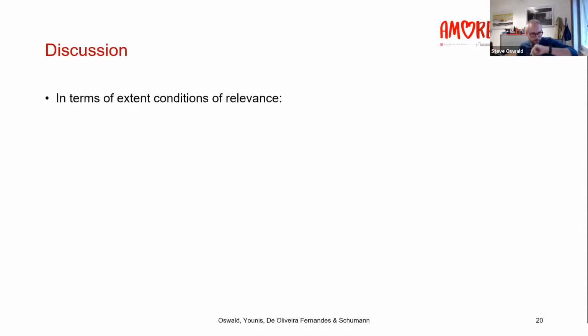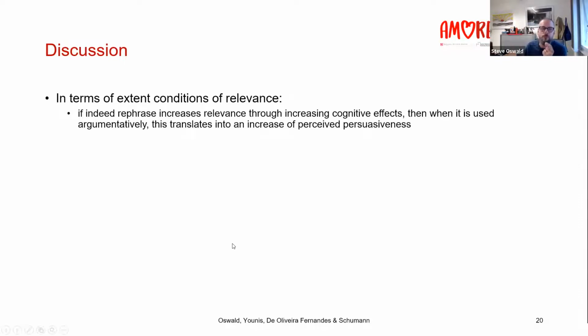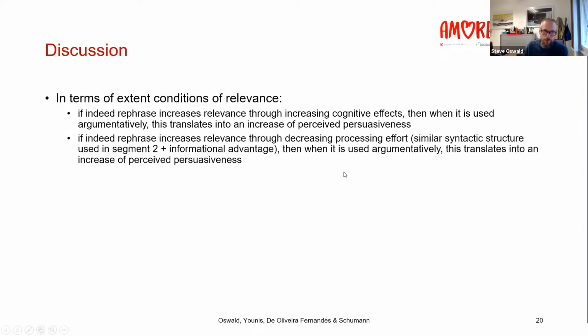All right, so in terms of extent conditions of relevance, if indeed rephrase, as said in the theory, increases relevance through increasing cognitive effects, then we can see that when it's used in an argumentative setting, it increases perceived persuasiveness.